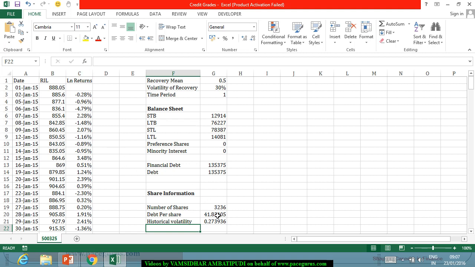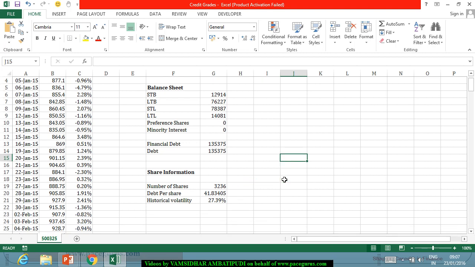Okay, so 27.39% works out to be the historical volatility. And during this period, I can very well find out the risk-free rate. I will take it as 7.25%. So even that is fine, right?